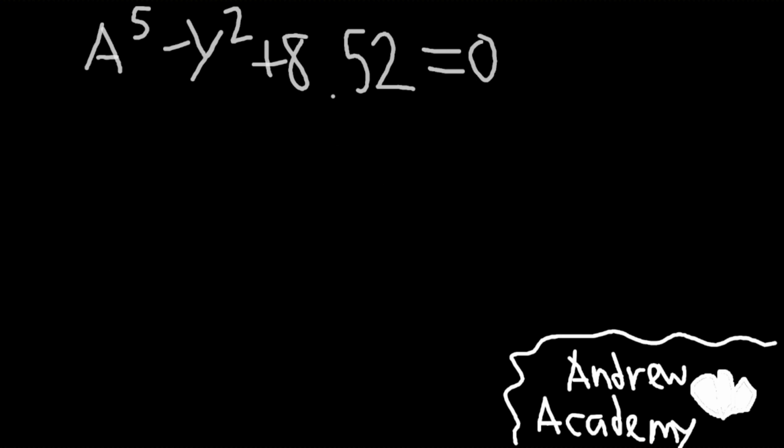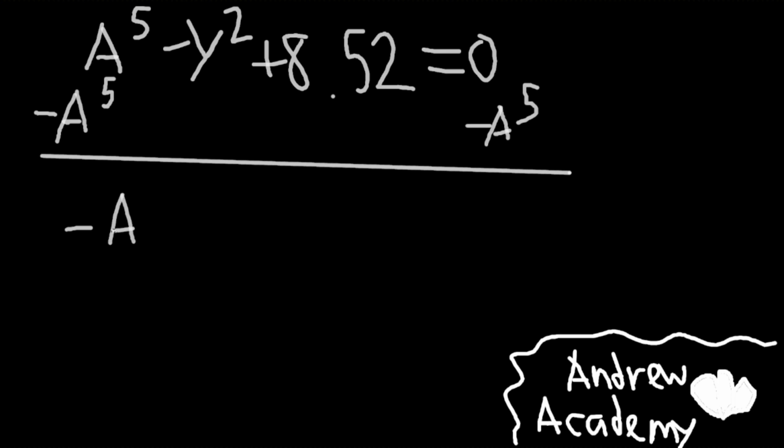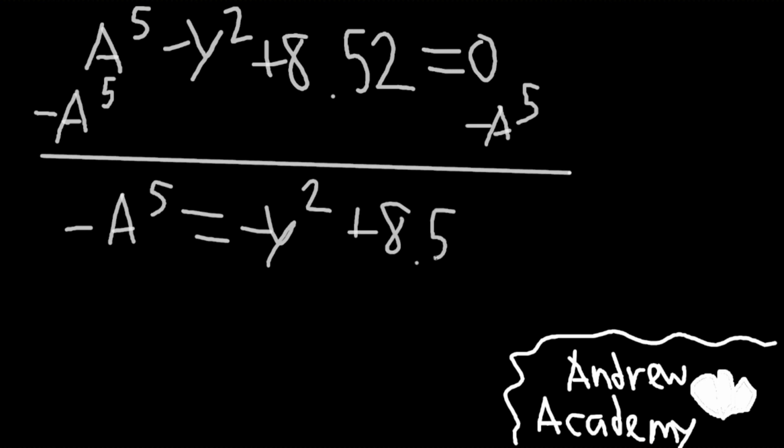I'm sure a lot of you now know what we're supposed to do next, which is to subtract a to the power 5 from both sides of the equal sign. So we're just going to do that. And what we get is negative a to the power 5 equals negative y squared plus 8.52.